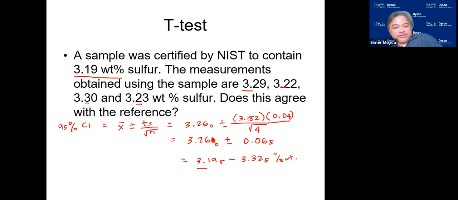For you to agree, that number should be included in the interval, but as you can see here, at 95% it's not included. So that's an example of how we compare an experimental mean with the true mean.